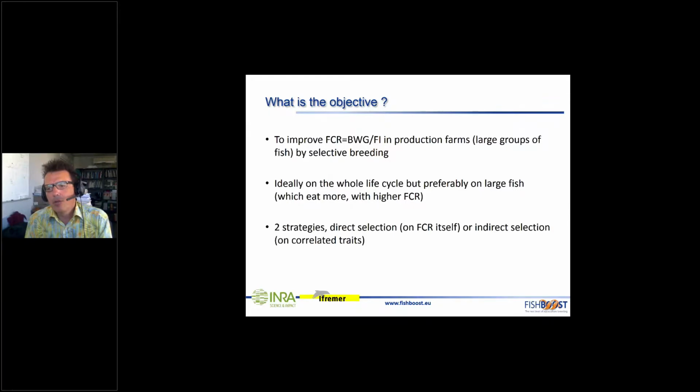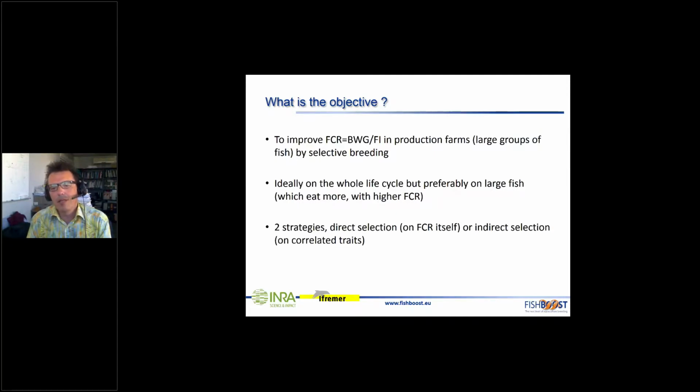Ideally, we would like to select fish for their FCR over the whole life cycle. But if we cannot do that, we would preferably do it on large fish, because large fish are the ones which eat more, and there is also a tendency that FCR gets worse and worse with age in fish.